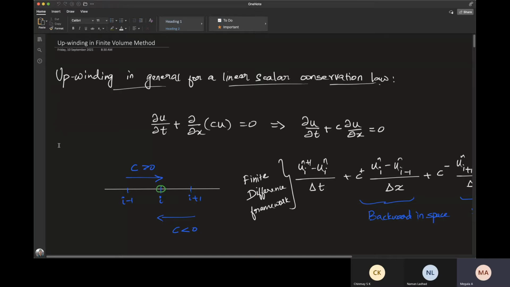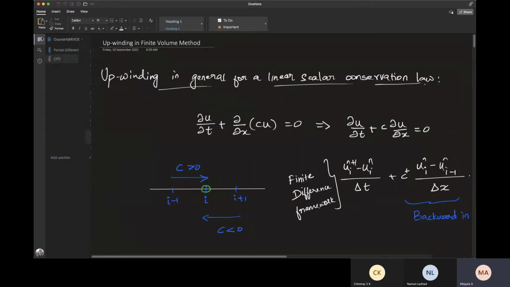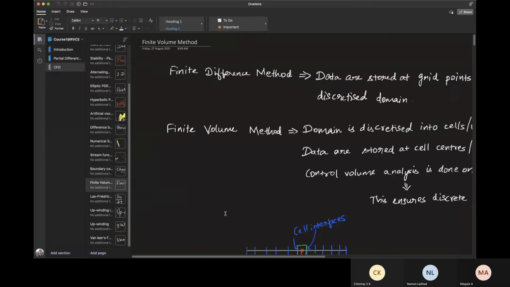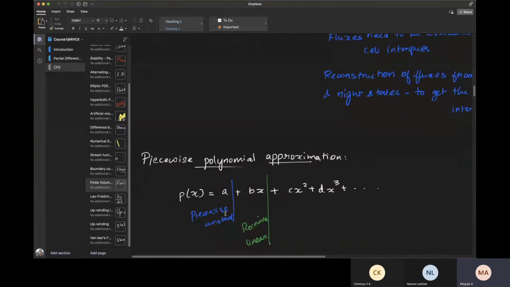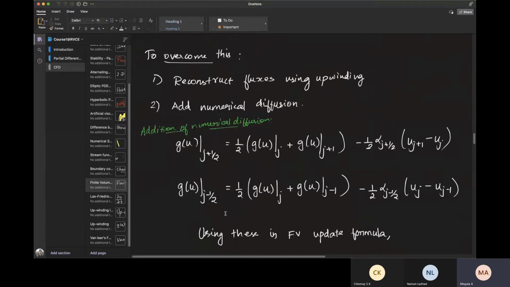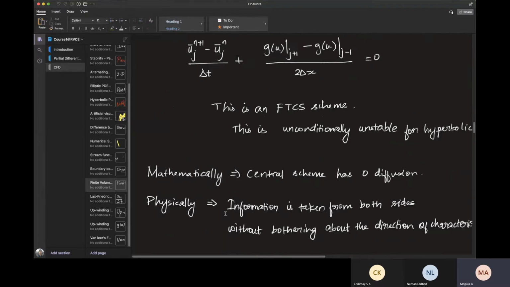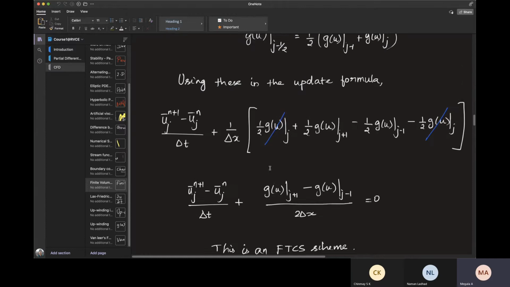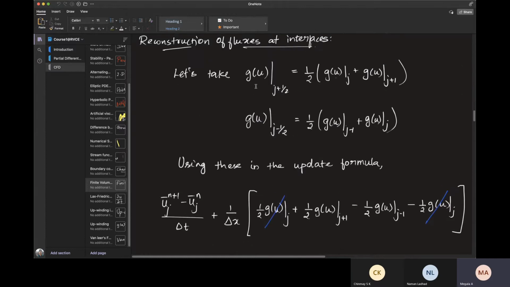And then we saw about upwinding. Last time we saw reconstruction, and then we saw that if we use the FTCS scheme, that is, if at the interface we take half of the value from the left side of the interface and half from the right side, that is, if j plus half is the interface, then j is the left side and j plus 1 is the right side.